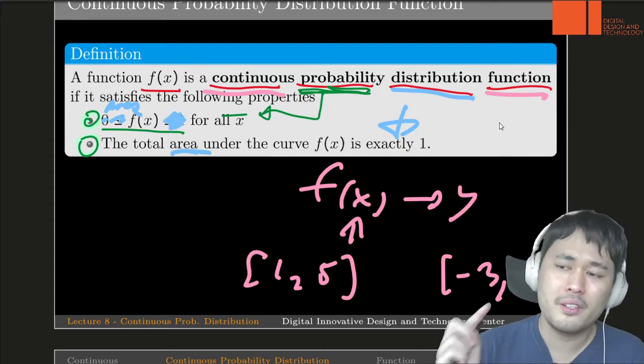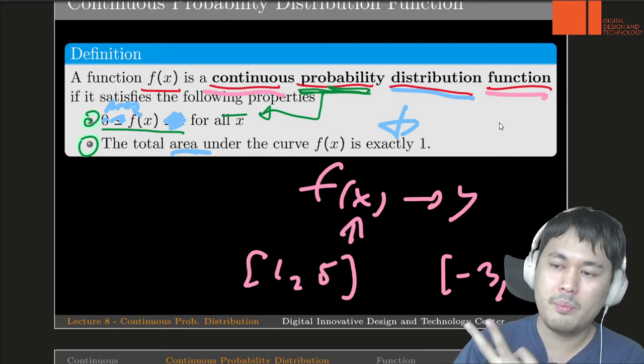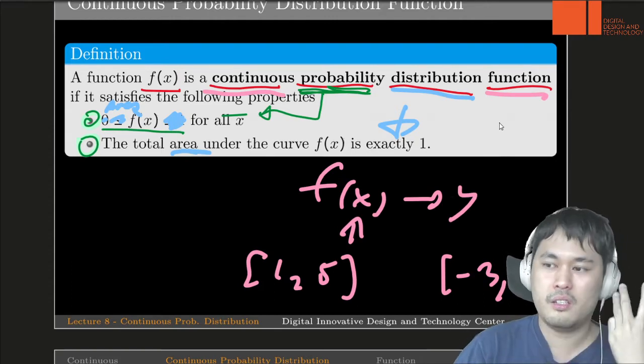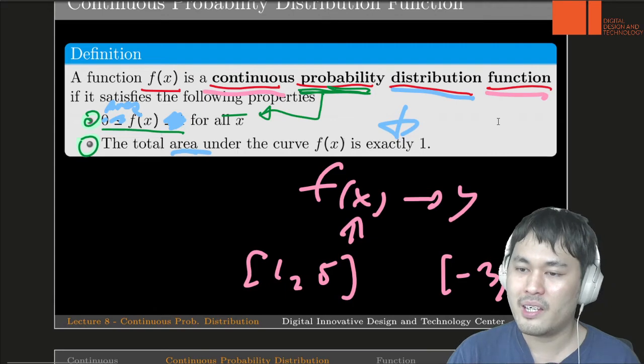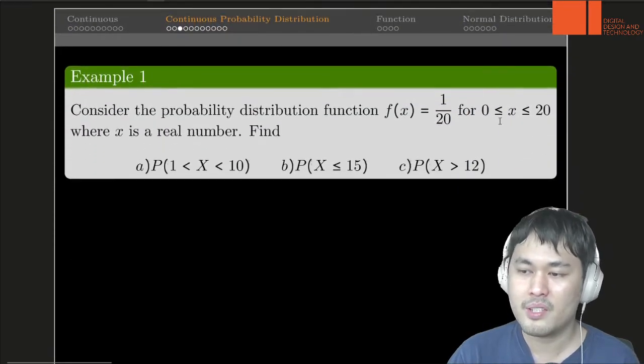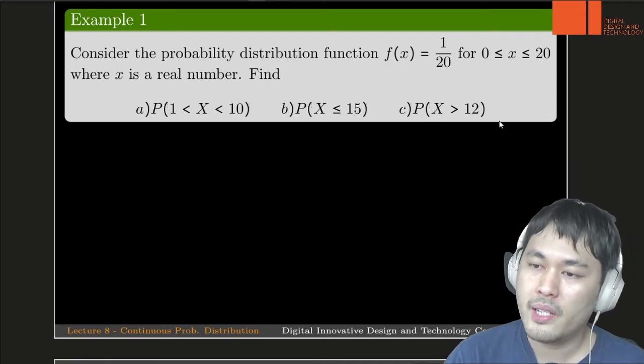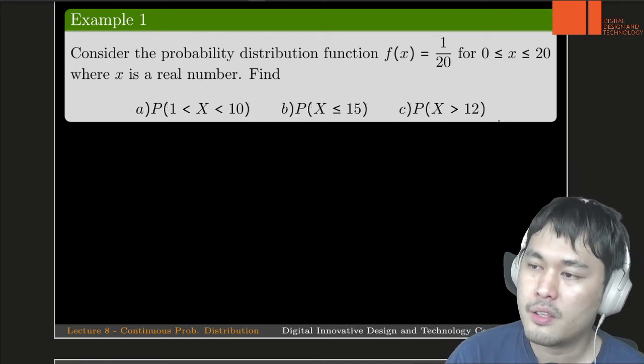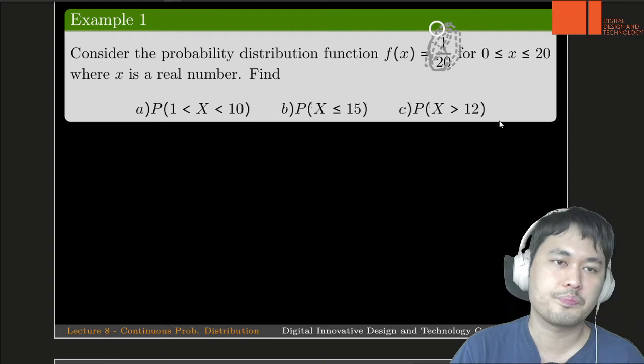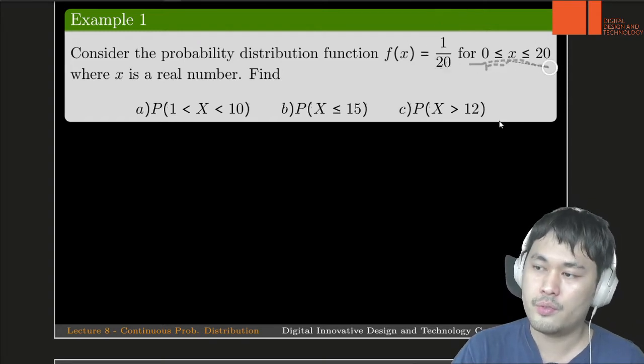So it's continuous, it's a probability, it's a distribution and it's a function. So let's see if we can come up with some examples. Yeah, sure. So let's take a look at this function. Consider the probability distribution function f of x equals 1 over 20 for x between 0 and 20.